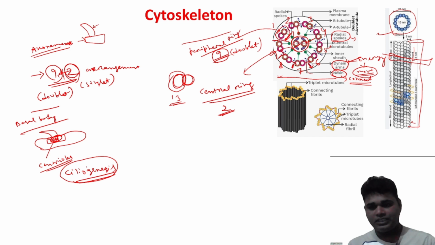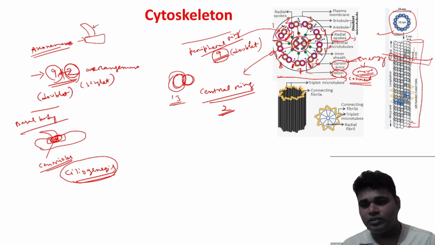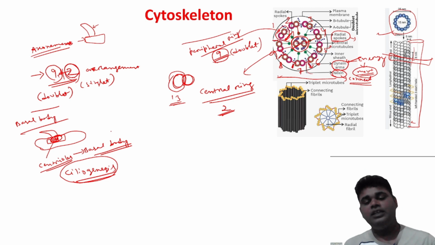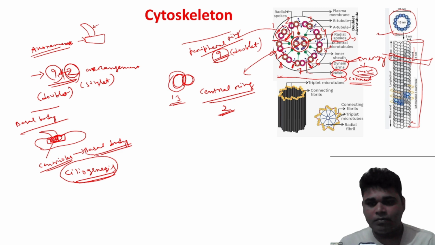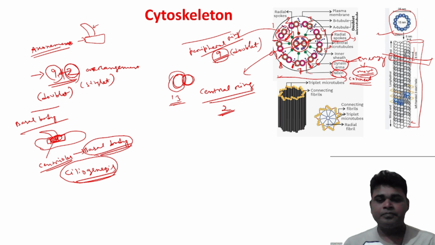So during ciliogenesis, the centrioles are called the basal body. So this is again another structure of the cilia and the flagella, which is present inside the body or inside the cytoplasm. So now the structure of the basal body is different. Look at the structure, and this is the same as present in the centrioles.